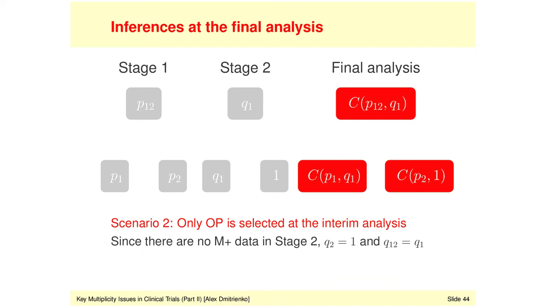And when we look at the intersection hypothesis in stage 2, since we've only selected to focus on testing the hypothesis H1, then this intersection p-value Q12 will be replaced by Q1. Given this information, we can now combine the inferences from stage 1 and stage 2 using the combination function, and the resulting p-values are shown in the right hand side of this diagram under final analysis.